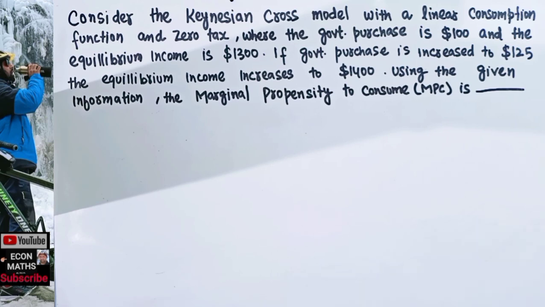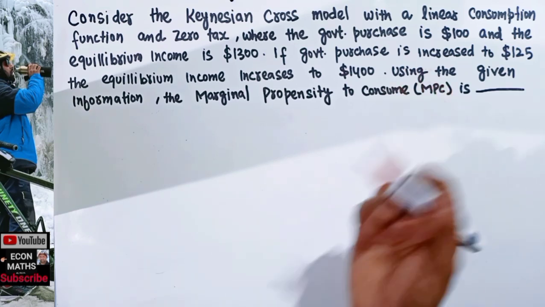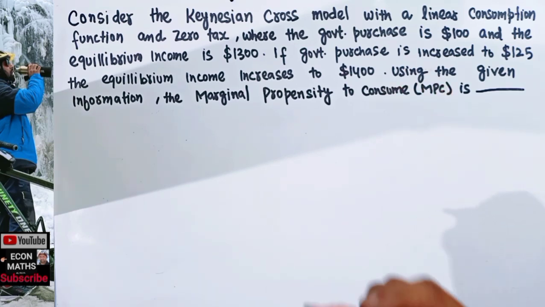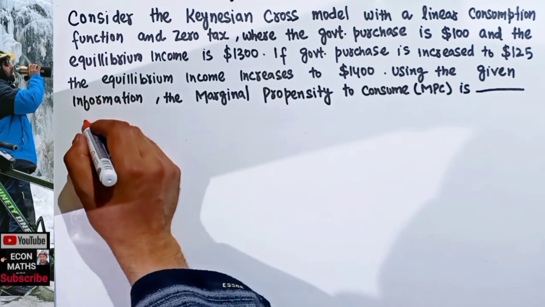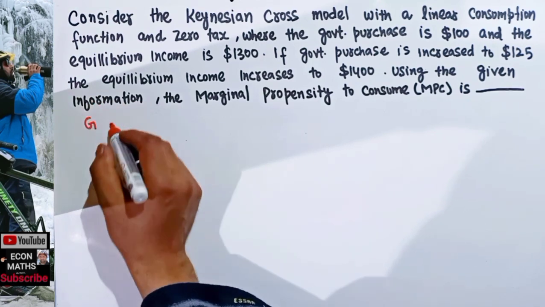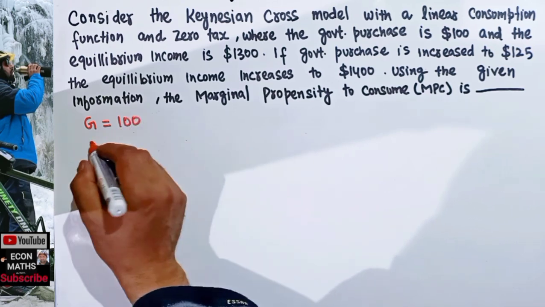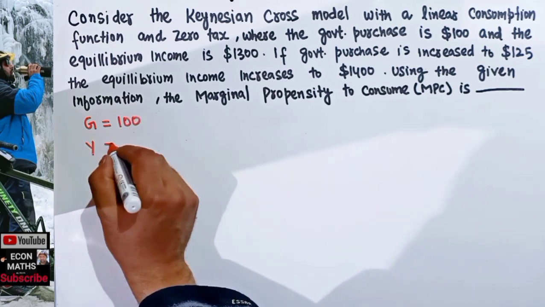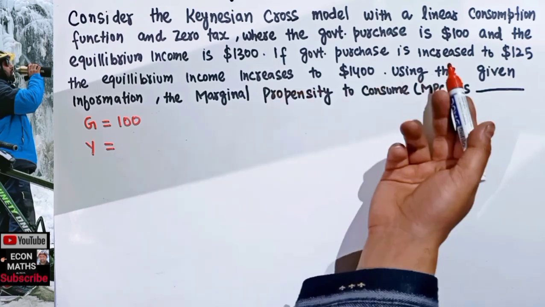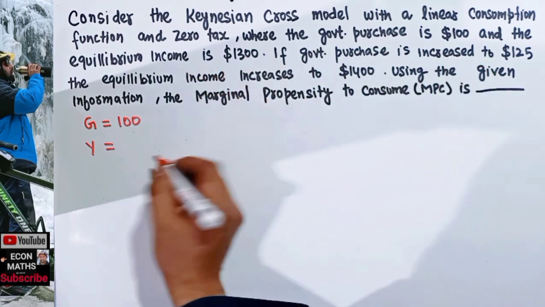Okay. So what we are being given here is that initially, and let's write it here, initially government expenditure is equal to $100 and initial equilibrium income is $1,300.